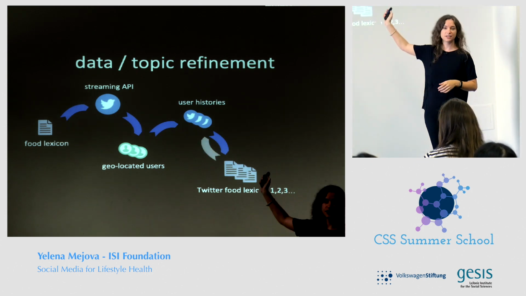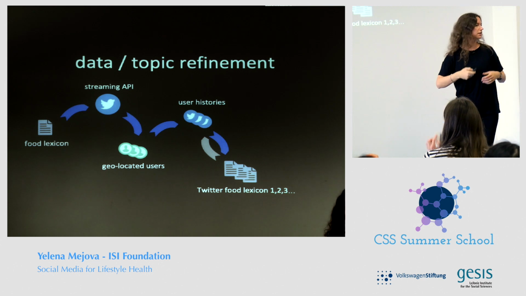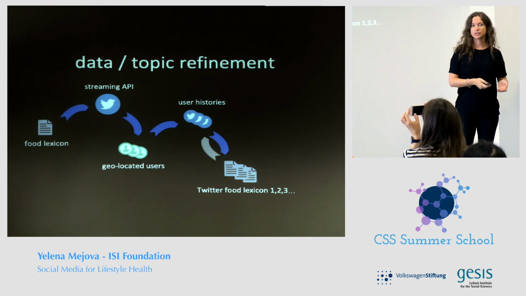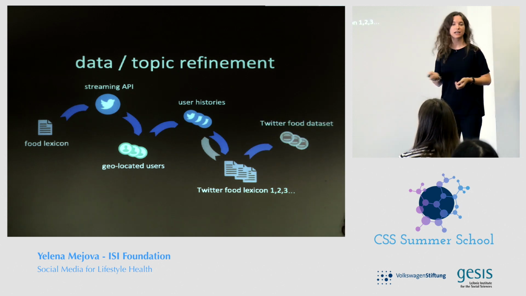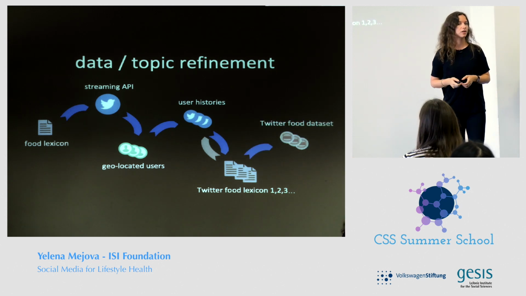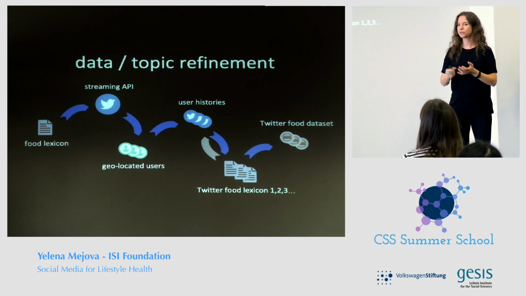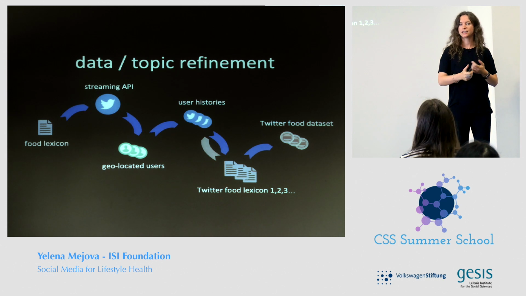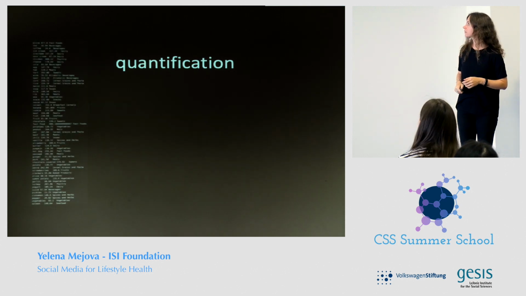This feeds into a loop, and we can refine both the data set and the lexicon, and finally produce a nice data set about foods on Twitter, from people that we can geolocate, and our nice lexicon.